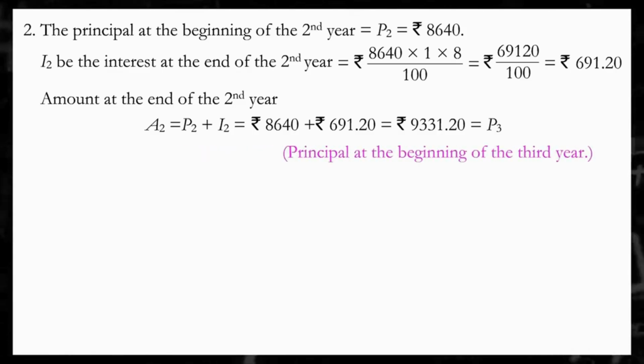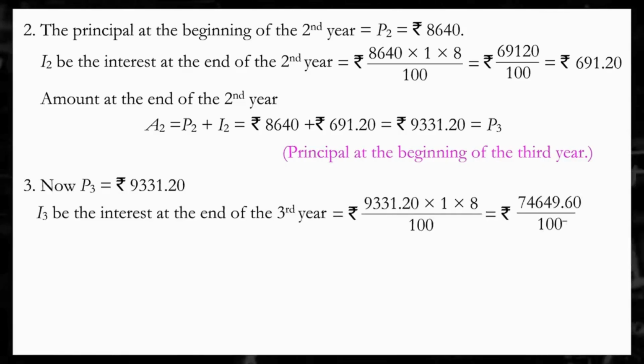Principal at the beginning of the third year, P3, is equal to rupees 9,331.20.